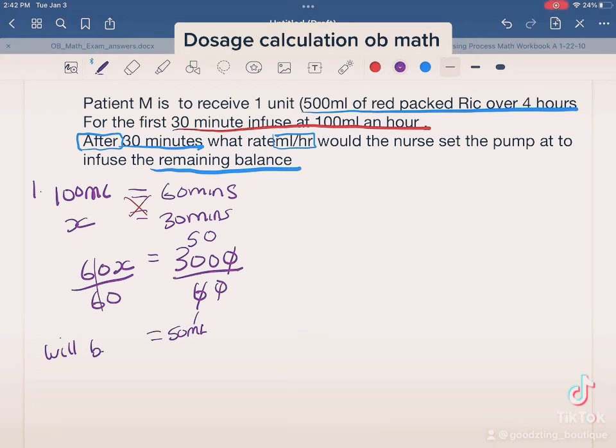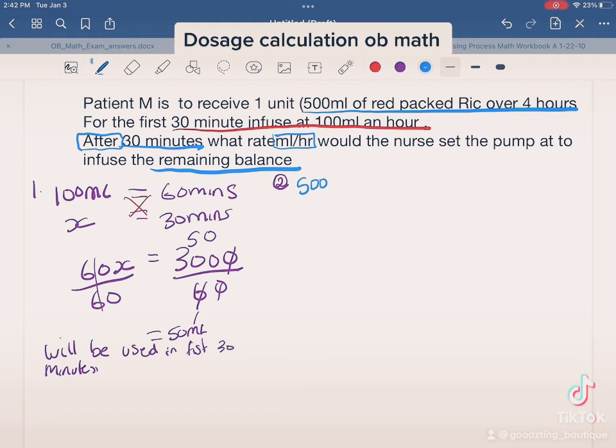So that will leave me with a remaining balance of 450 milliliter out of the 500. So we know that 50 milliliter is infused in the first 30 minutes when we set the pump at 100 milliliter per hour.